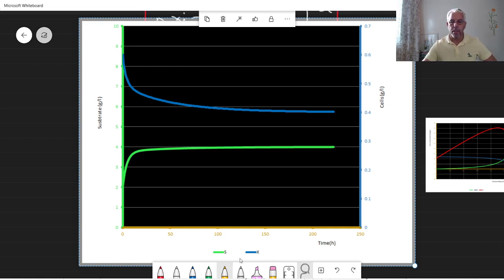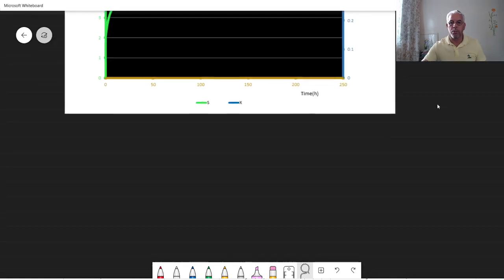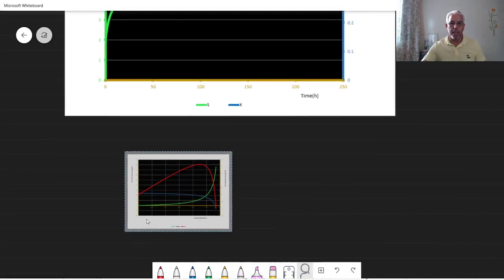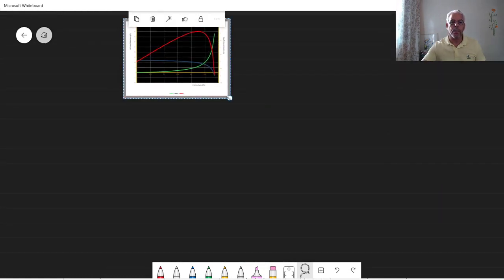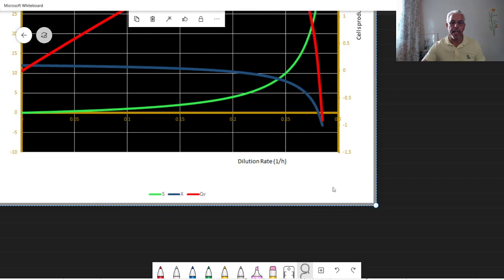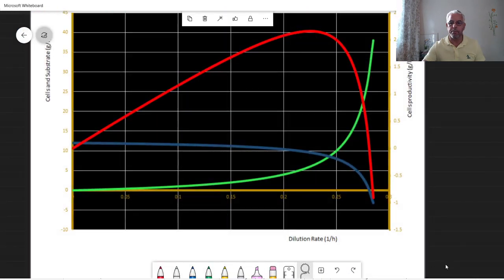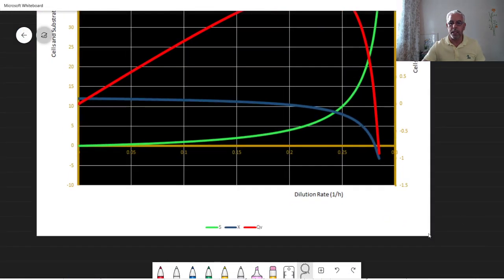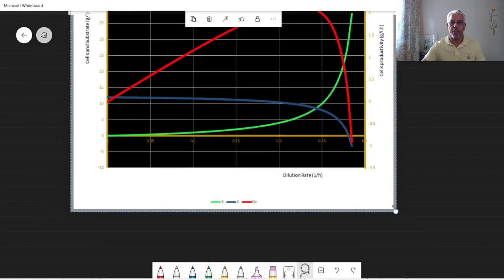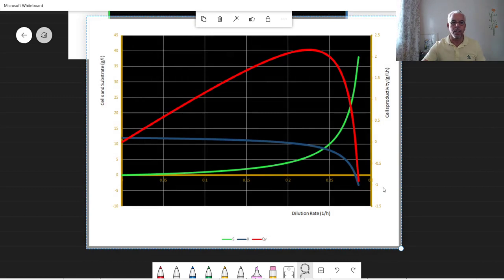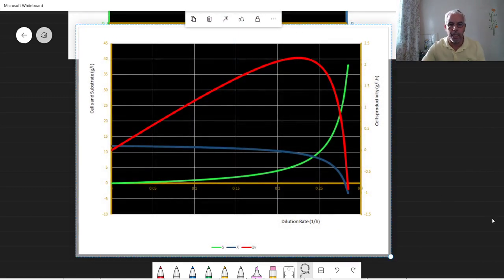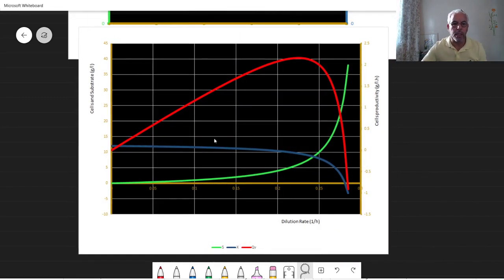On top of that, I also graphed the concentration of S and X for different values of the dilution rate, and this will remind you of what we did before.